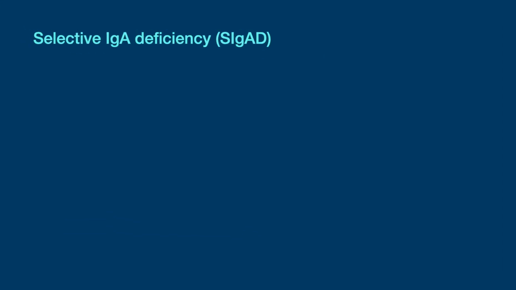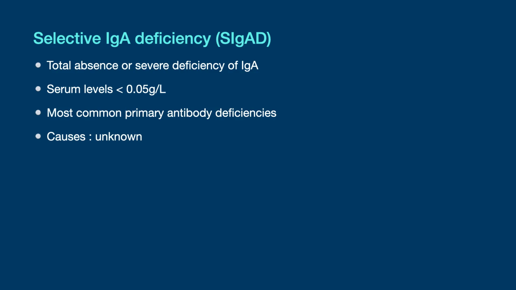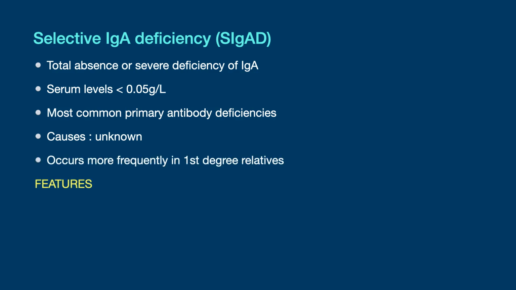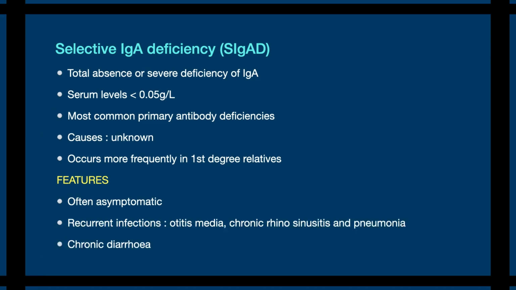Selective IgA deficiency is the total absence or severe deficiency of immunoglobulin A. Serum levels are usually less than 0.05 grams per liter. It's the most common primary antibody deficiency with an unknown cause. It occurs more frequently in first-degree relatives. Most of the time they are asymptomatic, but they may come in with recurrent infections such as otitis media, chronic rhinosinusitis, and pneumonia, as well as chronic diarrhea.